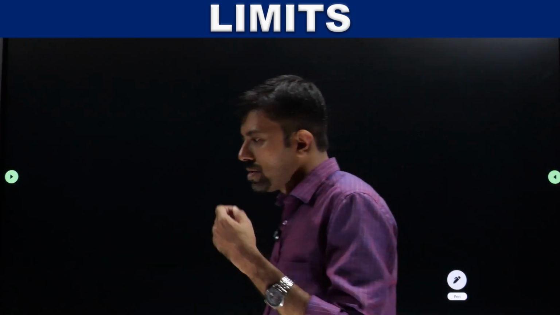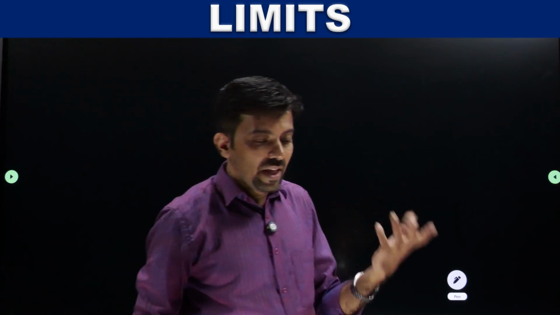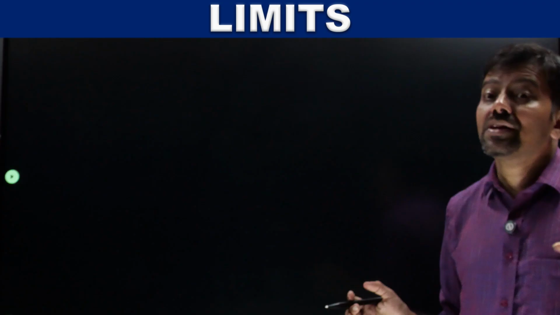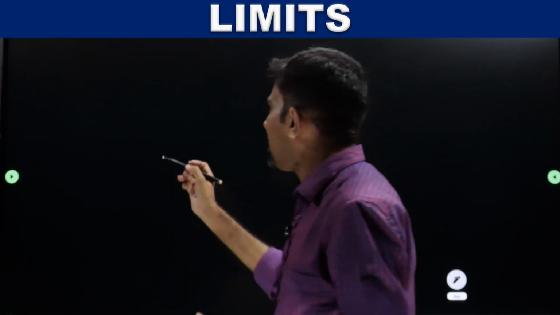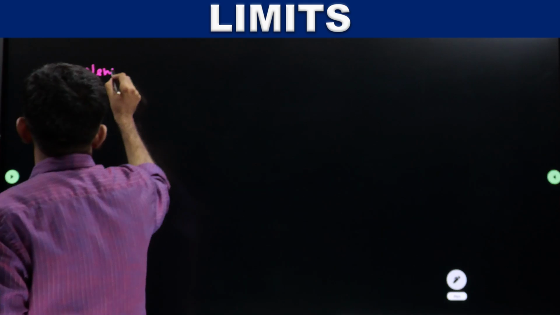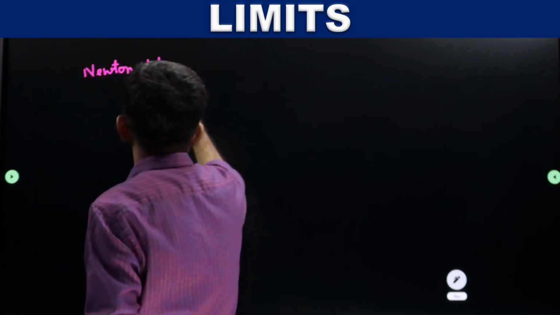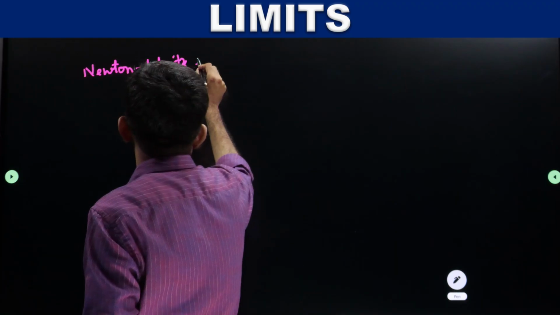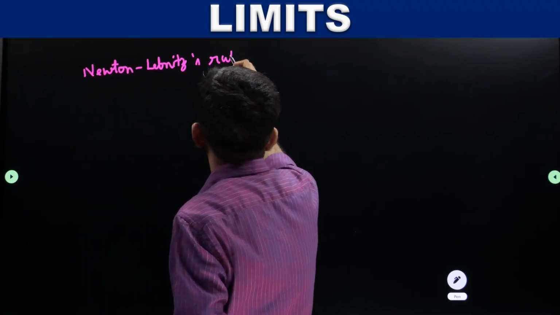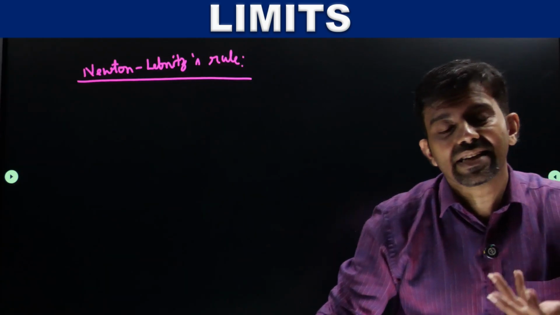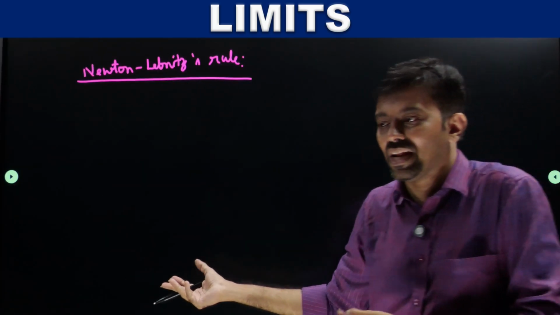So we have covered 1 to the power infinity, sandwich theorem, infinite series expansion and L'Hopital's rule. Next we have the Newton-Leibniz formula, one of the most important. It is required even in integration, and even in limits we need this Newton-Leibniz formula. Whenever you want to differentiate a definite integral, we normally apply the Newton-Leibniz formula.